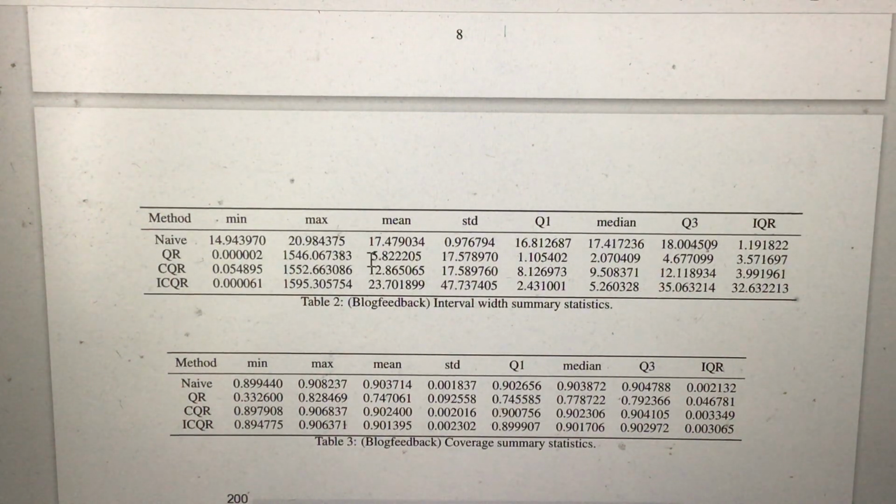The average length for quantile regression will be 5 point something, and CQR will be 12 or something. So from quantile regression, we can see this is heteroscedastic, right? Because the small is very small and the large is very large.